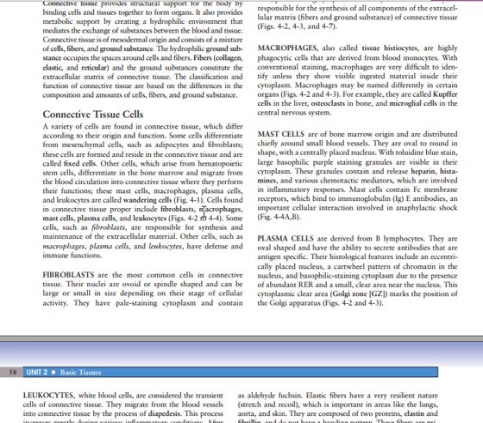Macrophages were initially monocytes that were produced in the bone marrow and migrated into the connective tissue. Another example are plasma cells. Plasma cells are initially B lymphocytes that have been produced in the bone marrow and have migrated into the connective tissue. So those are examples of wandering cells.